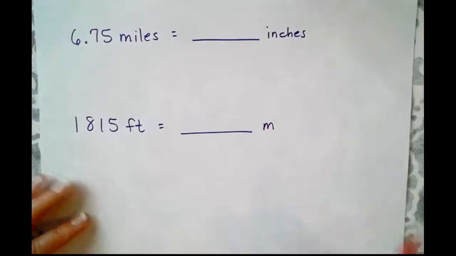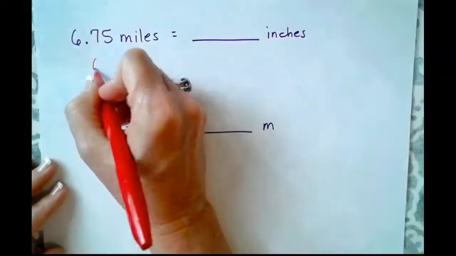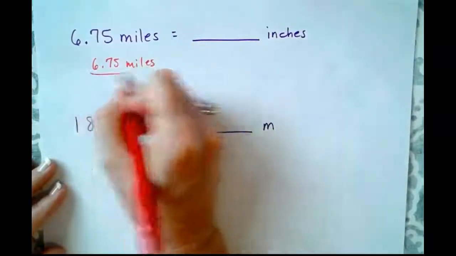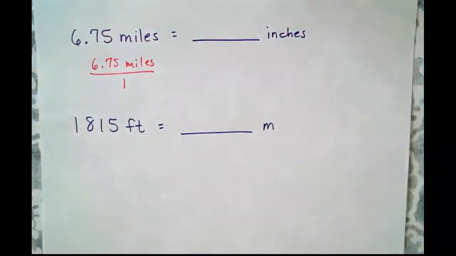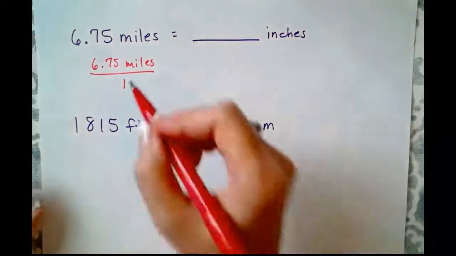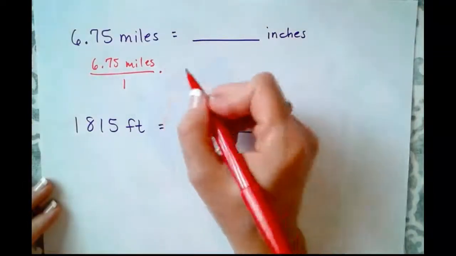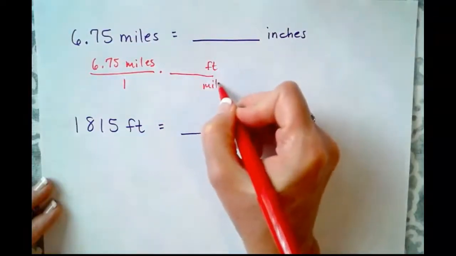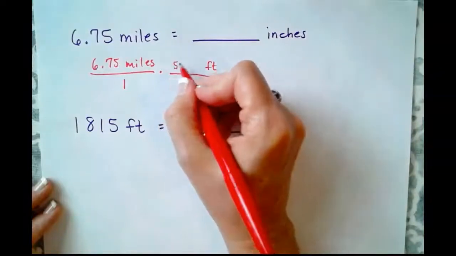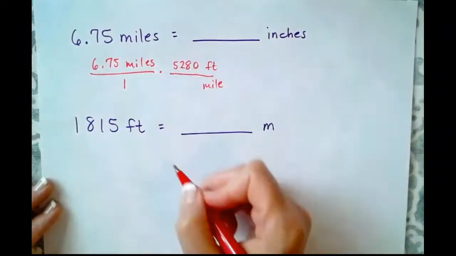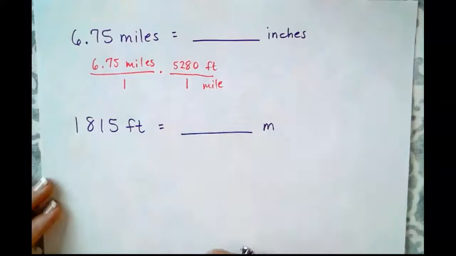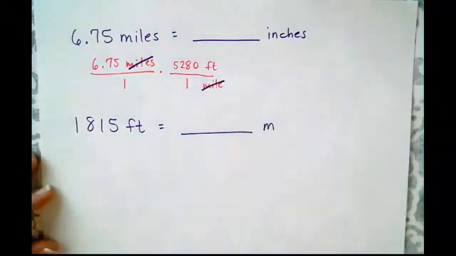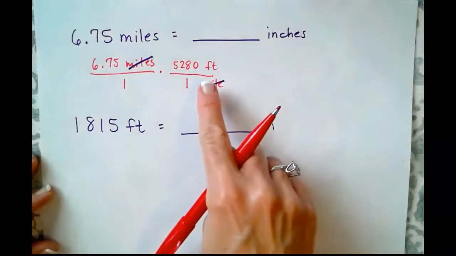It's going to work the same way. So let's get this set up. So our plan, remember, what we want goes on the top. What we do not want, what we want to cancel, goes on the bottom. So let's make miles cancel. But first, let's just go to feet. So there are 5,280 feet in 1 mile. Miles cancel. Now we've got feet, but I don't want feet yet.